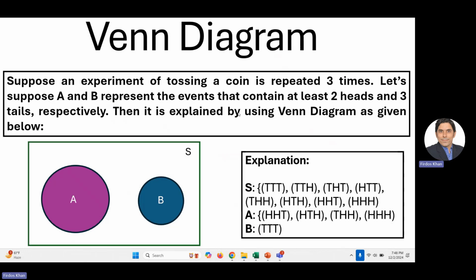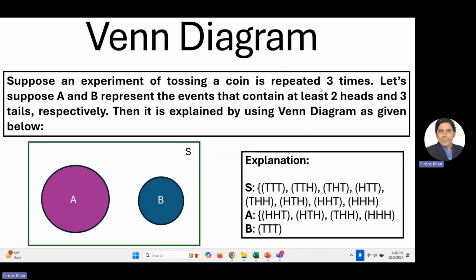I will explain the sample space and these events here. Then it is explained by using a Venn diagram as given below. That is how we can represent this sample space by a Venn diagram. This Venn diagram is useful particularly when you have a large number of outcomes from an experiment. In that case it is not easy to write out all the outputs of the experiment, so you can just compactly represent them by using a Venn diagram.